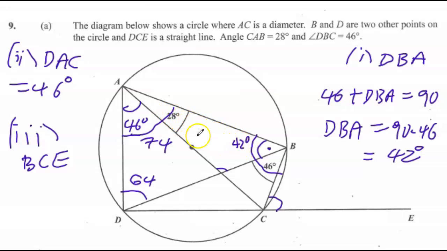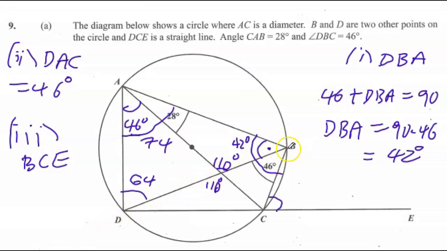Angles in a triangle must add to 180, so this will be 110 degrees, which means the opposite angle here would be 110 degrees. Also, which other angle can we get now? I guess we did some unnecessary work here.